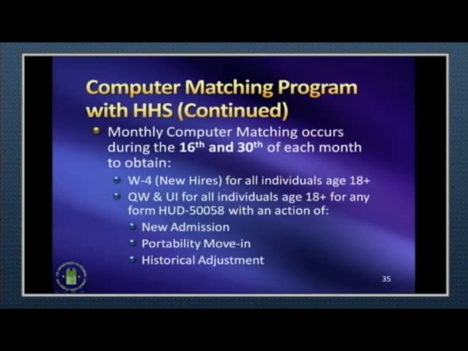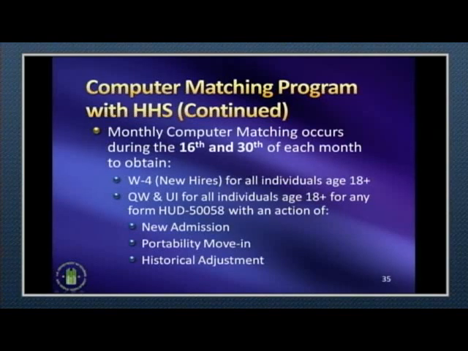This actually focuses on monthly computer matching. If you have individuals who turned 18 since the last quarterly match with HHS, you don't have to wait 3 months until we do the match again. So if somebody's turning 18 right now, we're going to match them in November.